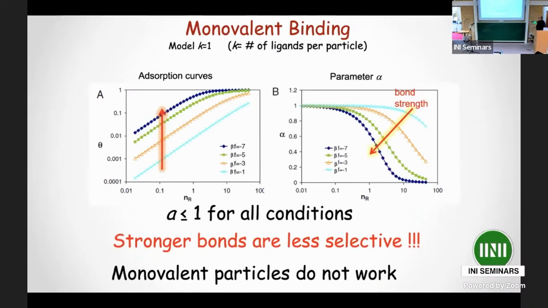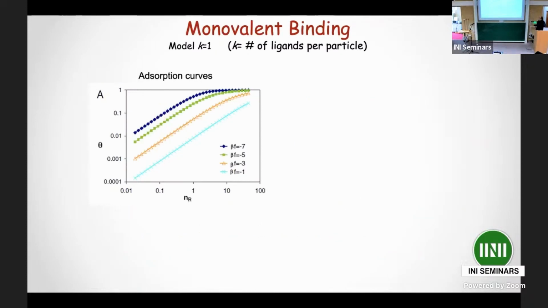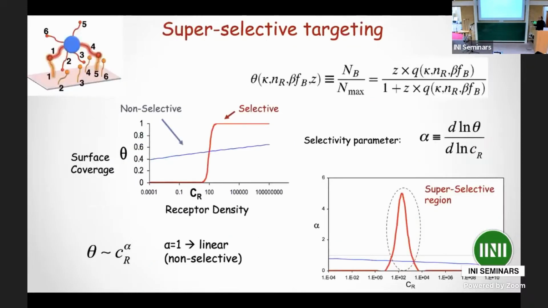Super selective is just a term that Francisco and Daan came up with in that paper. The perfect super selective case would be on-off, 0 and 1, like a step function. And if you're very close to that, you call it super selective.